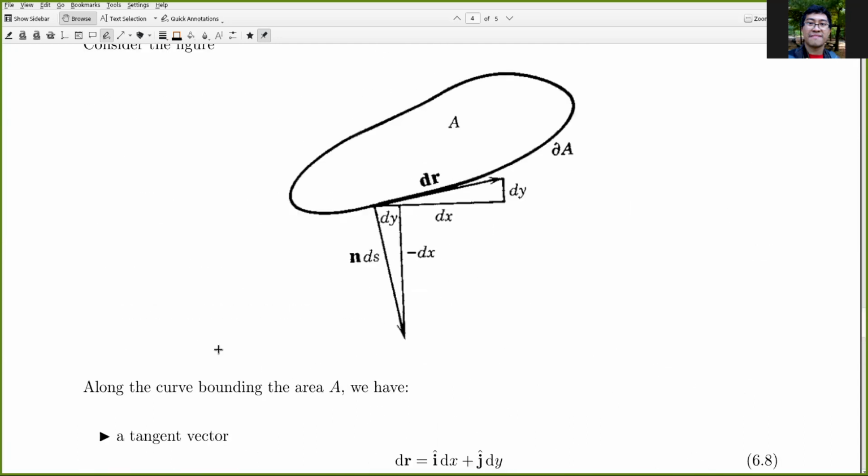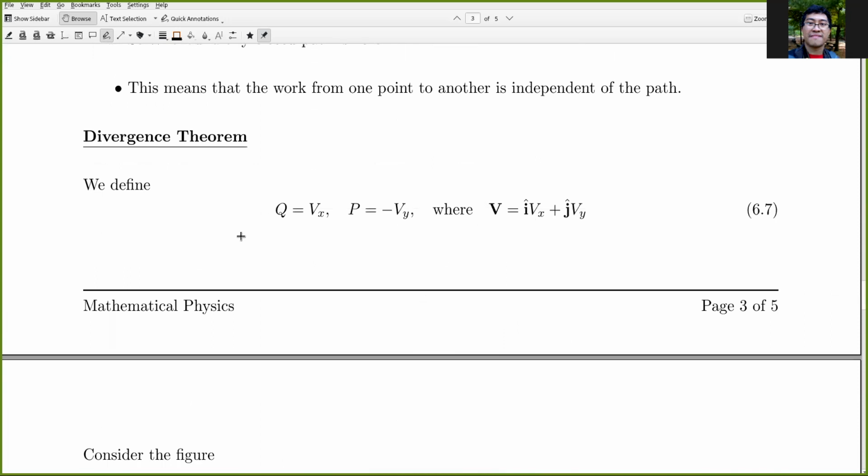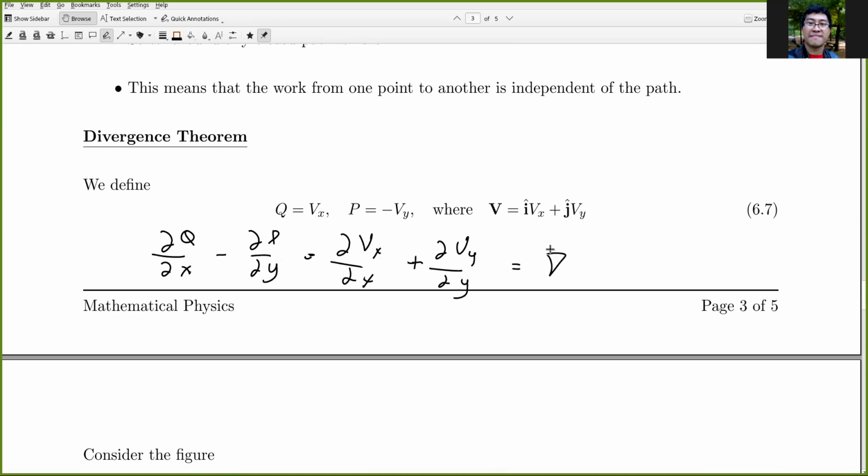From here, we can determine the value for partial Q with respect to x minus partial P with respect to y. Partial Q with respect to x, where Q is Vx, minus partial P with respect to y, where P is negative Vy, becomes positive partial Vy with respect to y, which is just the divergence of V, or div V.